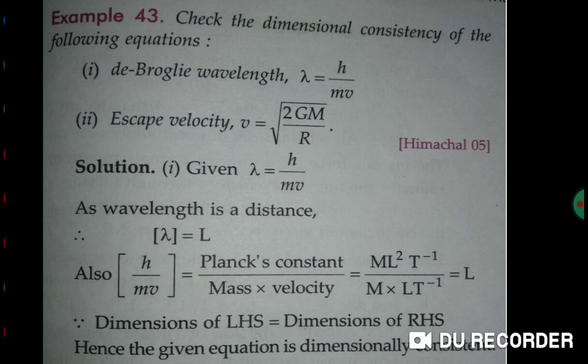The dimensional formula of Planck's constant is ML^2T^-1, upon the dimension of mass, which is M, and the dimension of velocity, which is LT^-1. So T^-1 and T^-1 cancel, L and one L cancel, M and M cancel. So the only dimension left in the given formula is L. So again you can say that the dimensions of LHS equal the dimensions of RHS.